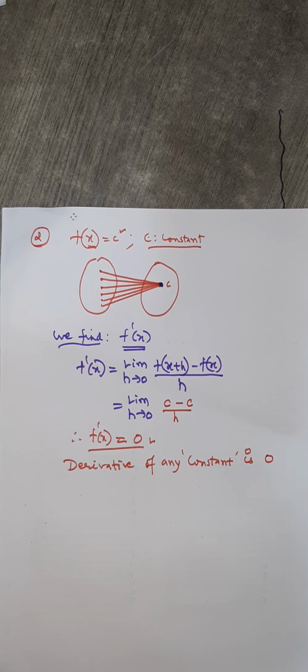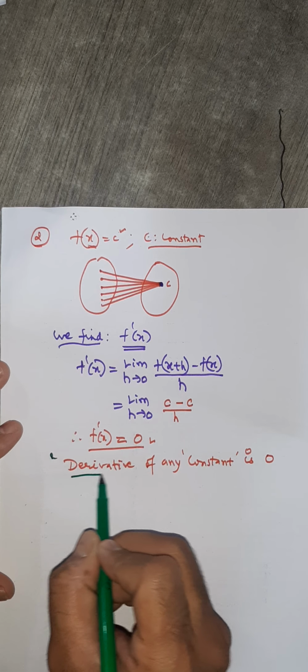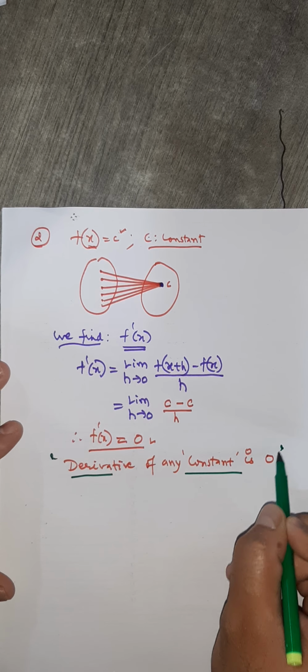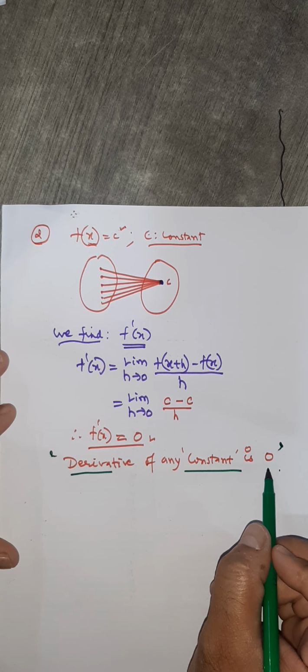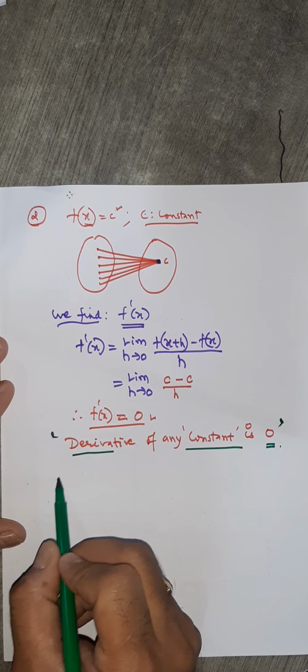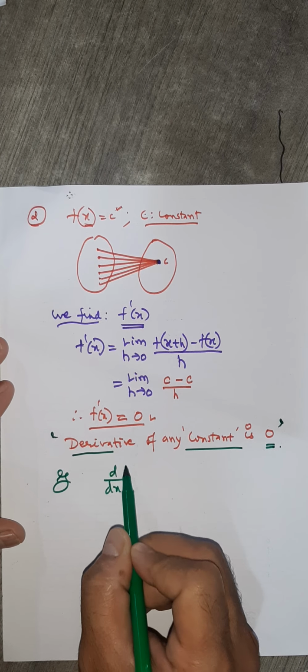Because what does derivative measure? Change. If there is no change, that means change is 0. So derivative of any constant is 0. Like this: d by dx of a constant, for example 2.